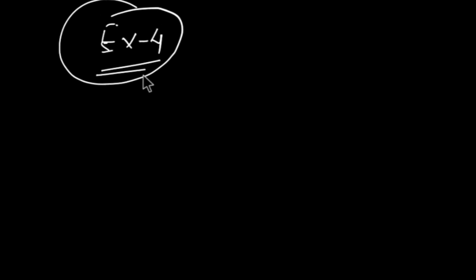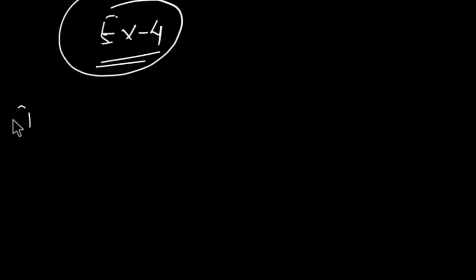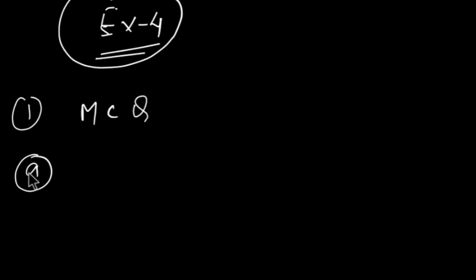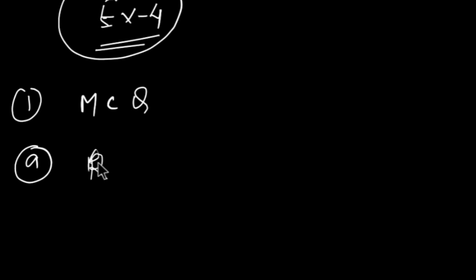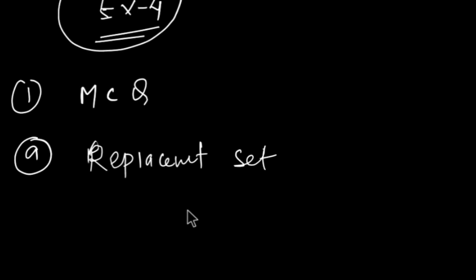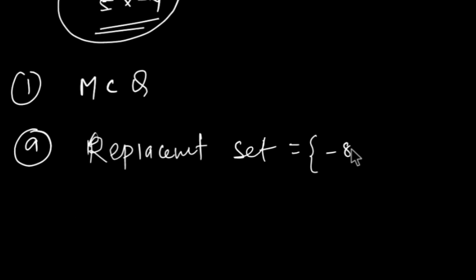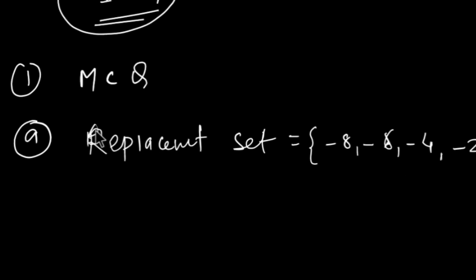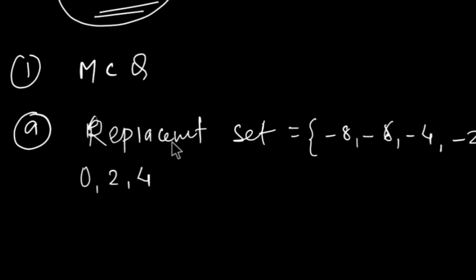So the question is in Exercise 4a, first question, MCQ. Number 4, the replacement set. This is the replacement set: minus 8, minus 6, minus 4, minus 2, 0, 2, 4, 6, 8.